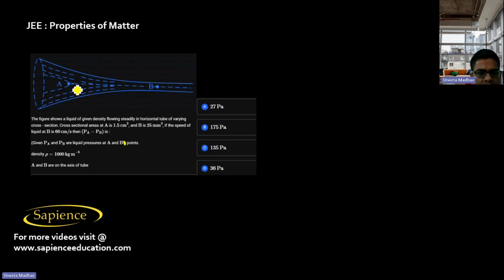So first we have to apply the equation of continuity, which is A1 V1 equal to A2 V2. So the area at the cross section A is 1.5 centimeter square into the velocity at the point A that we need to find out, and the area at the point B is 25 millimeter square.